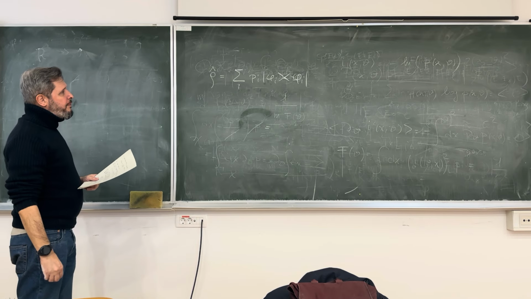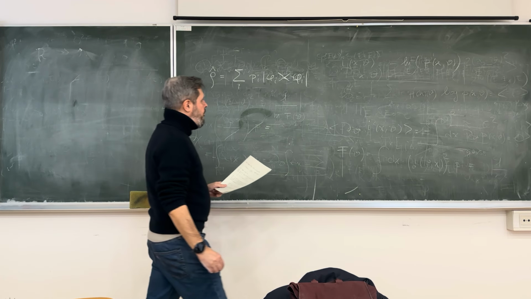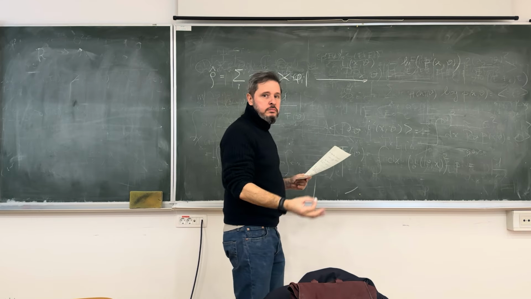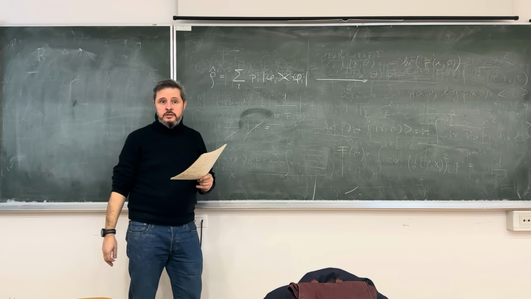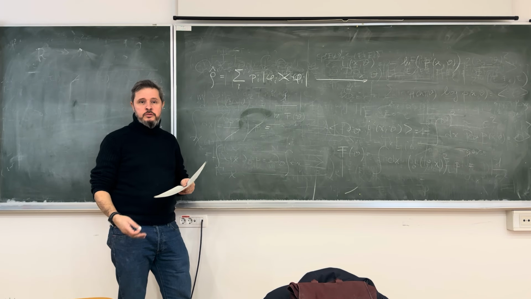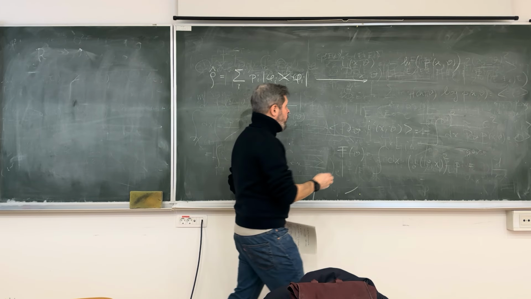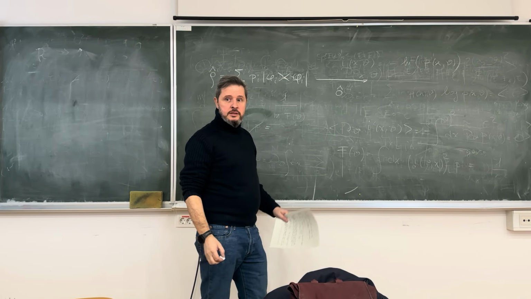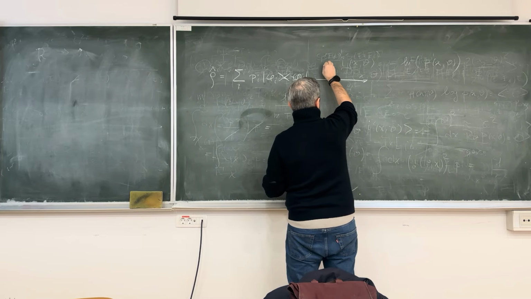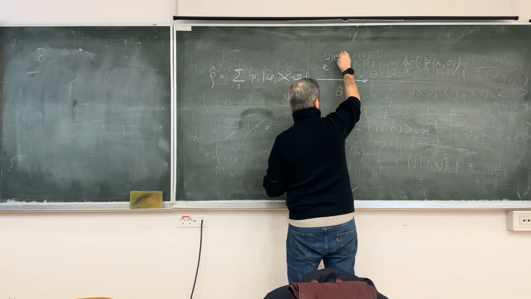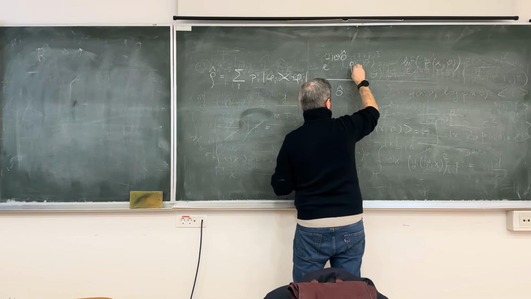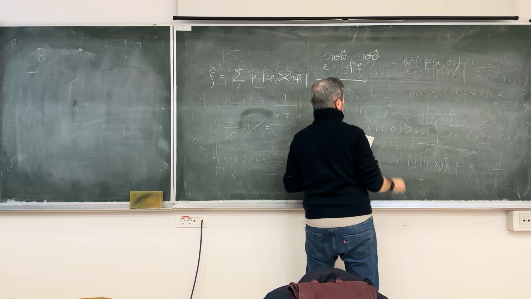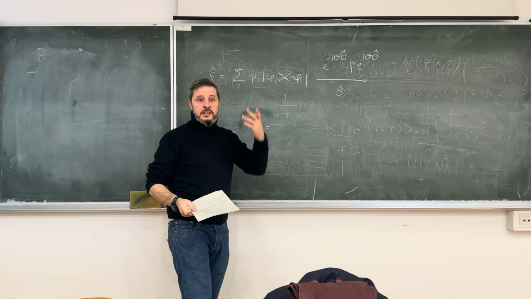And now I imagine applying a unitary transformation with a generator O to this density matrix. That would mean doing, for example, e to the minus i theta O rho e to the i theta O. So this could be a translation.